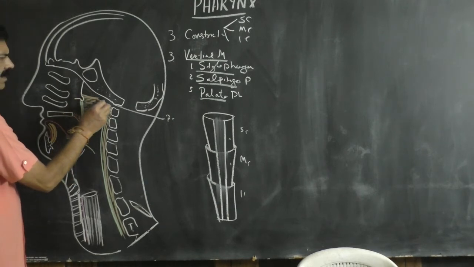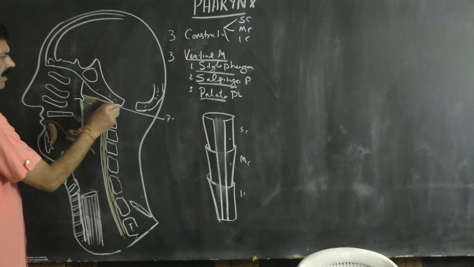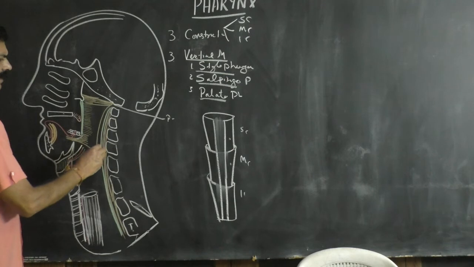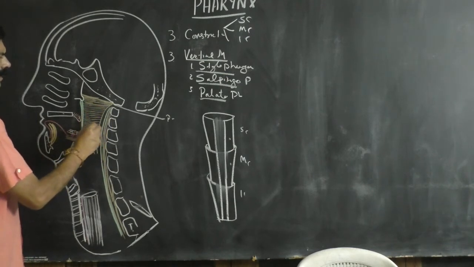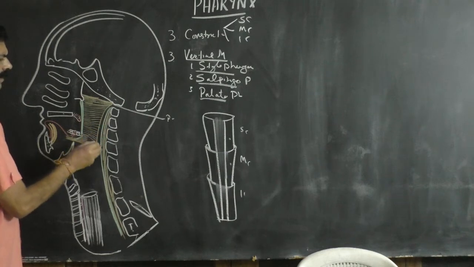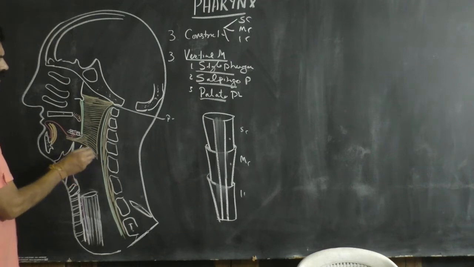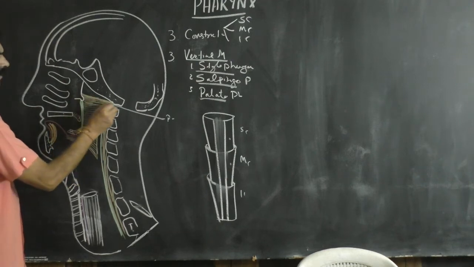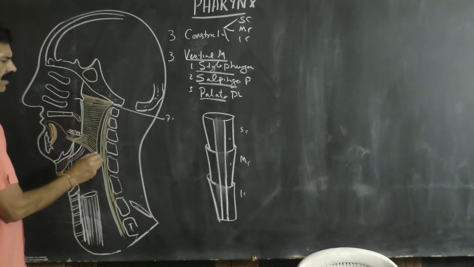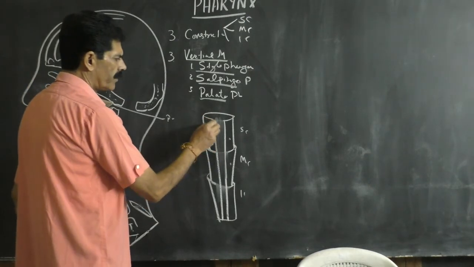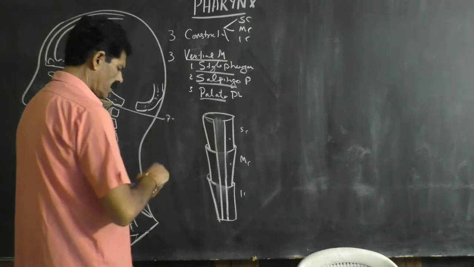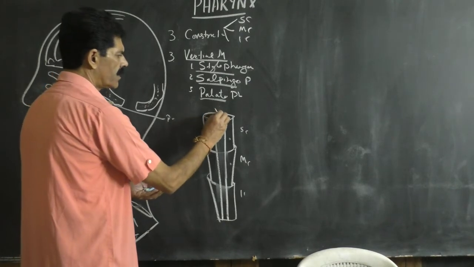The uppermost fibers are inserted on the pharyngeal tubercle, while the rest of the fibers decussate posteriorly and are inserted on each other and form a pharyngeal raphe. So this is the superior constrictor, the upper border, and this is the lower border of the superior constrictor muscle. As these muscles take origin from here, they go upward.